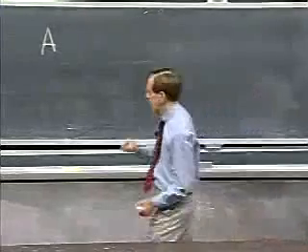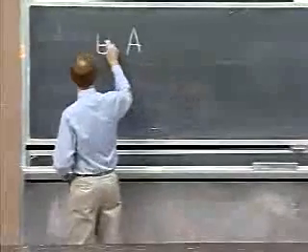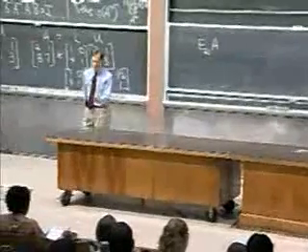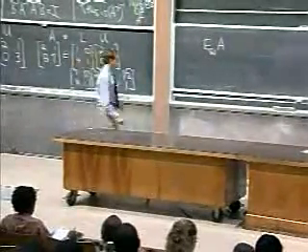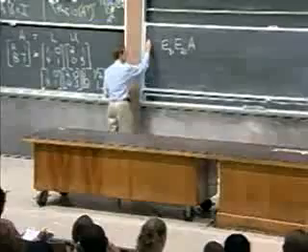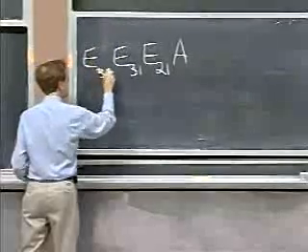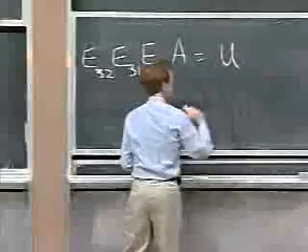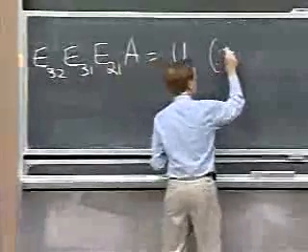Because the first step will be to get a 0 in that 2-1 position. And then the next step will be to get a 0 in the 3-1 position. And the final step will be to get a 0 in the 3-2 position. That's what elimination is, and it produces U. And again, no row exchange.